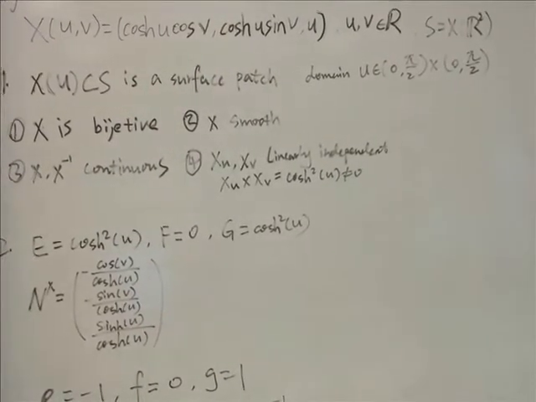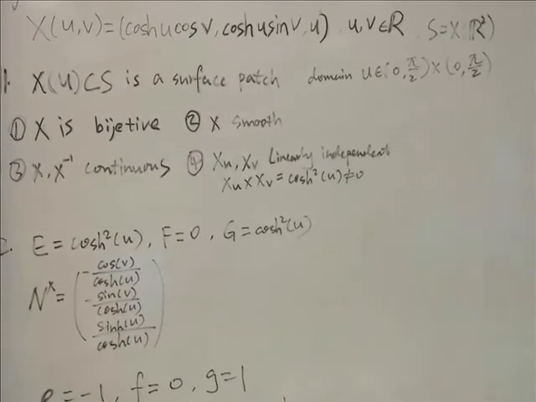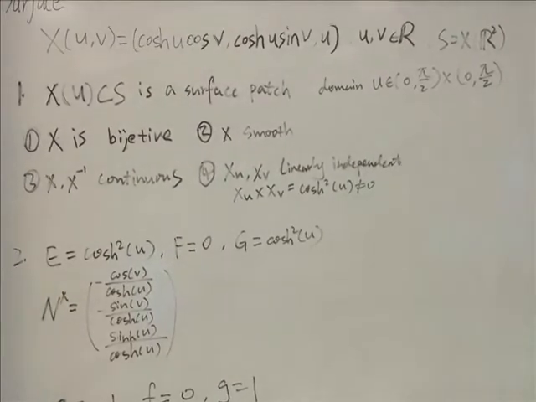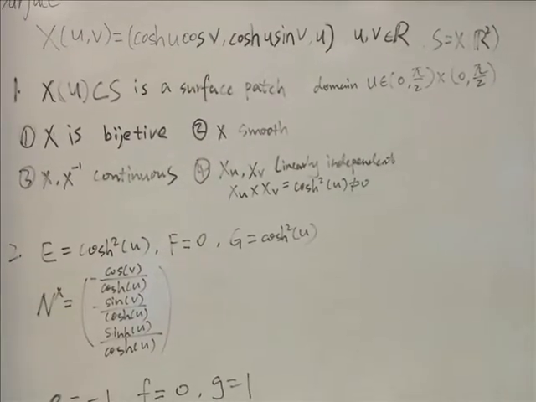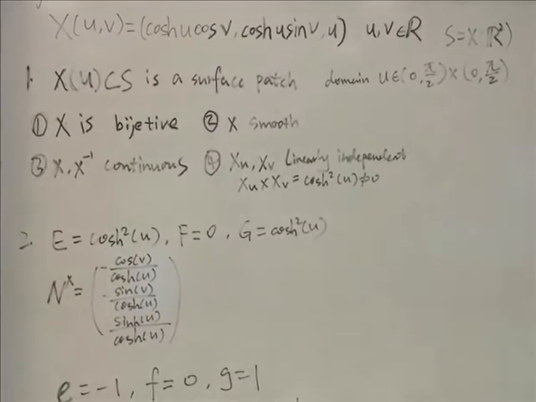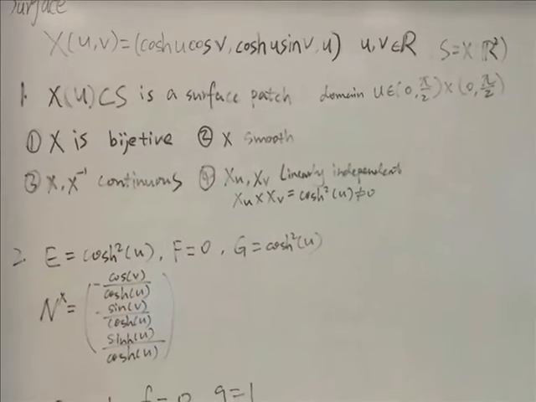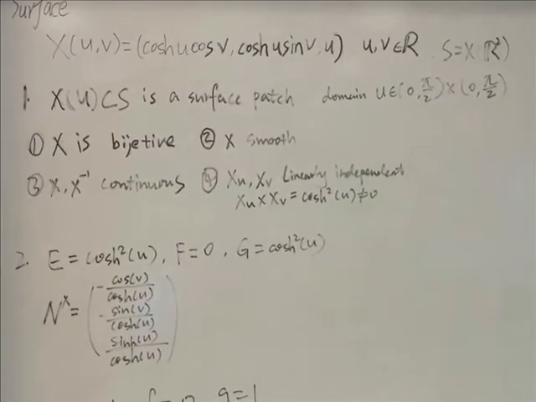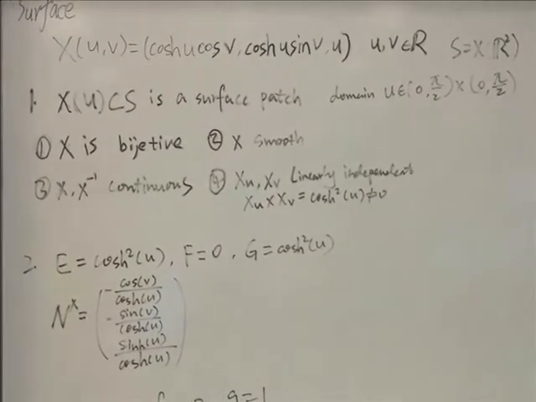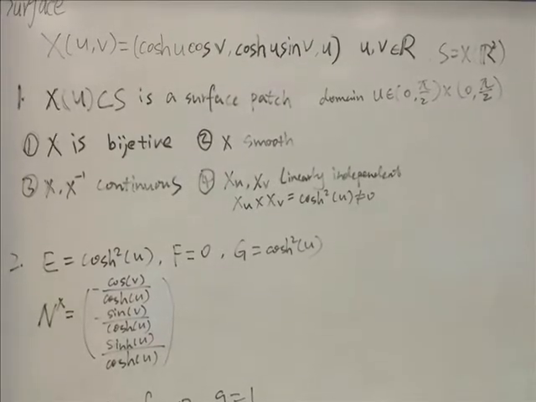A topological surface patch is a set S contained within R^3 such that there exists a homeomorphism X from an open subset U contained within R^2 onto S. That is, X from U to S is bijective, and both X from U to S and X inverse from S to U are continuous. X is called a parametrization.